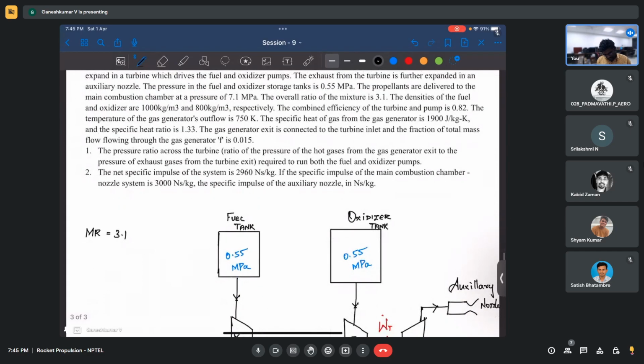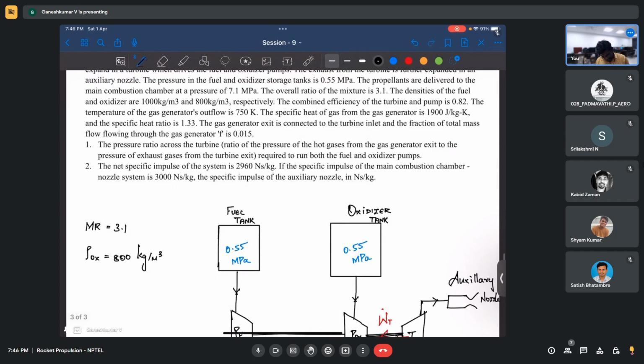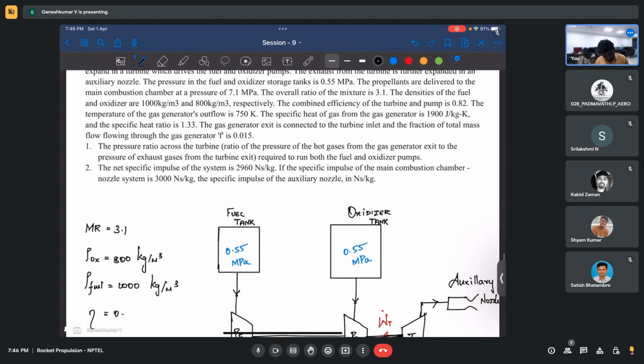The densities of the fuel and oxidizer are also given. The oxidizer is 800 kg per meter cube, and the fuel is 1000 kg per meter cube. A combined efficiency of both turbine and pump is given to be 0.82.